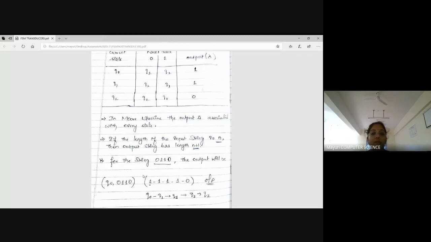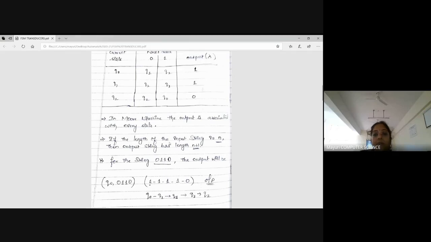We never have two circle representations in transducers. So every state has its own output. It's based on the input which state is going to be reached.